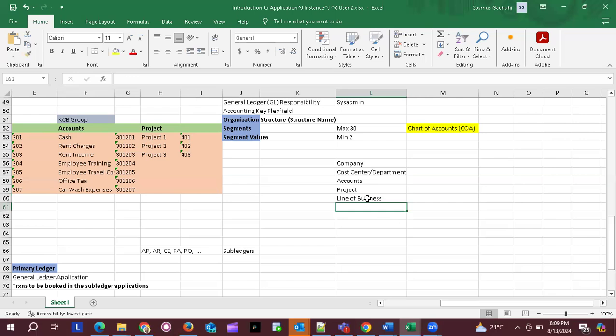And you may have region and other centers.